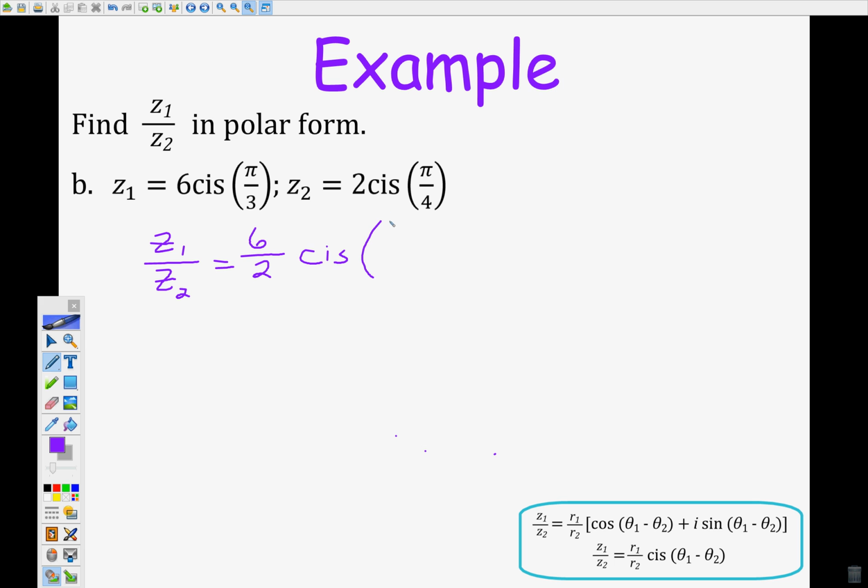So pi over 3, I'm going to write as 4 pi over 12, minus pi over 4, which I'm going to write as 3 pi over 12. So I just skipped a step and went straight to getting a common denominator before subtracting my angles. So my final answer should be 3 cis of pi over 12. And that's it.